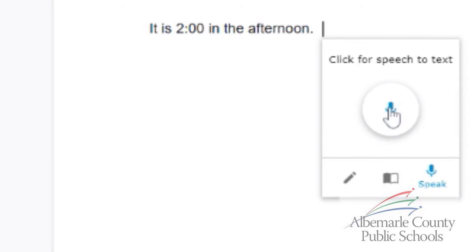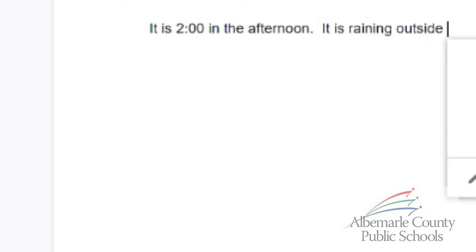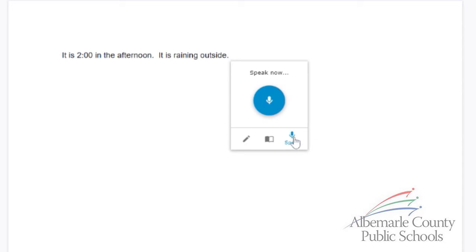I click on the microphone and whatever I say will appear in my document. It is raining outside, period. Both are ways that you can use CoWriter to help with writing.